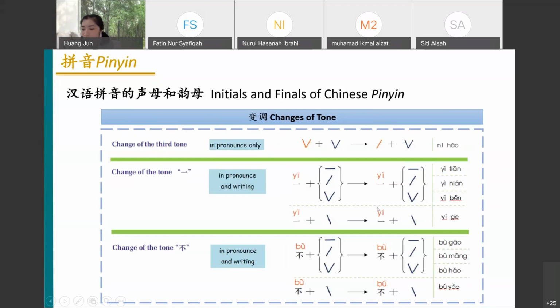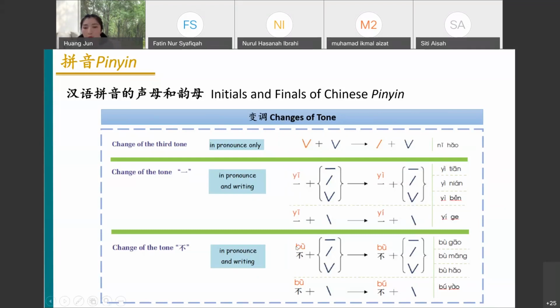Then another word about the tone change is the word "yi" and the "bu." For these two words, we have a tone change case. "Yi" in Mandarin means number 1. Okay, 1, 2, 3, number 1 in Mandarin.